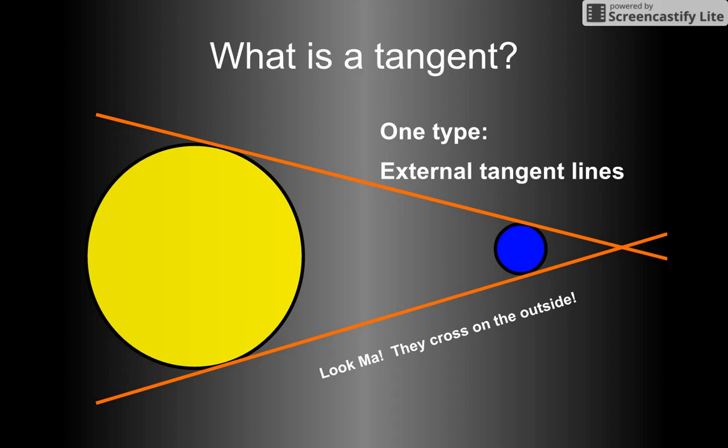The one point part of this means tangent. The bottom line also touches the yellow ball at one point and the blue ball at one point. Because the two balls are different sizes, these two tangent lines happen to cross on the outside. They are on the external part of both of the circles.